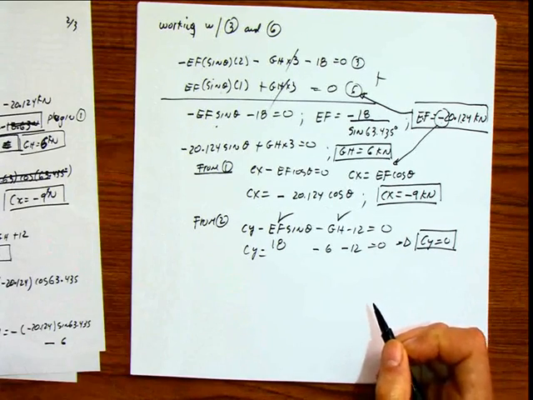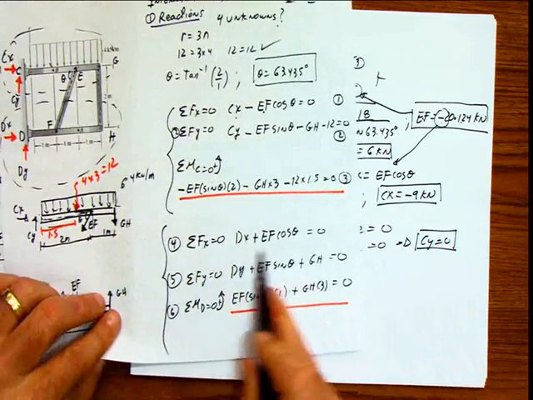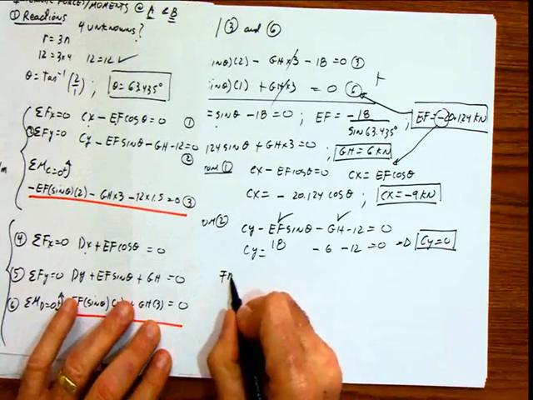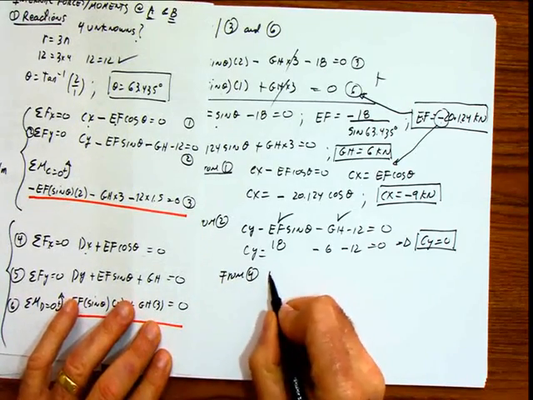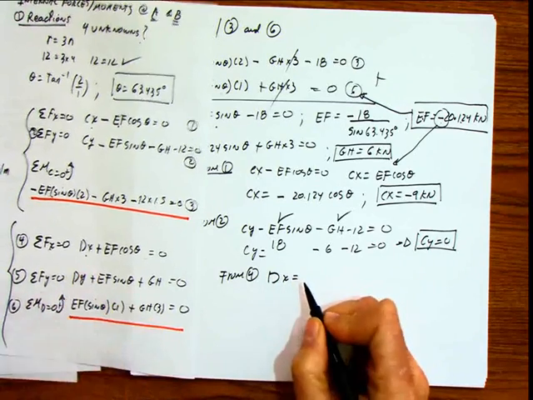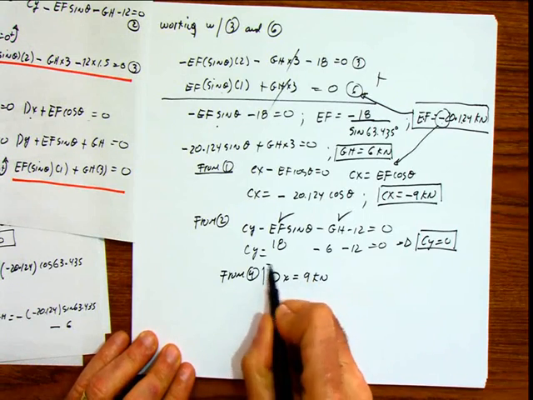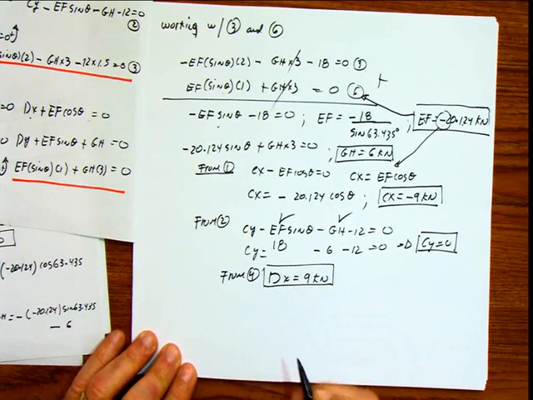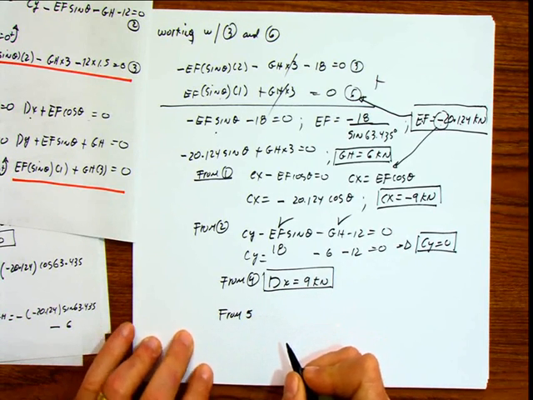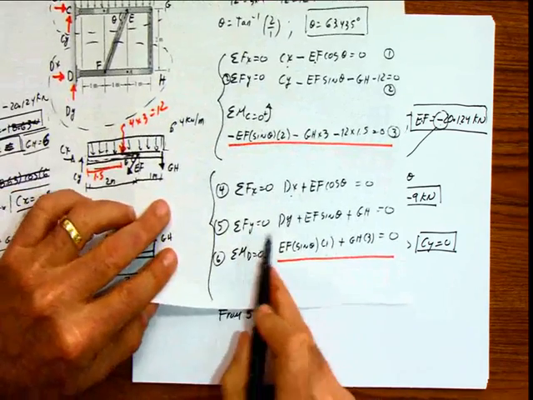What else? Now I go to equation 4. Yeah, I can calculate Dx from 4. I can calculate Dx, and Dx is equal to 9. I'm not gonna solve it. I solved it, but I'm not gonna do it. From 5, I can calculate, remember 5 is this equation.